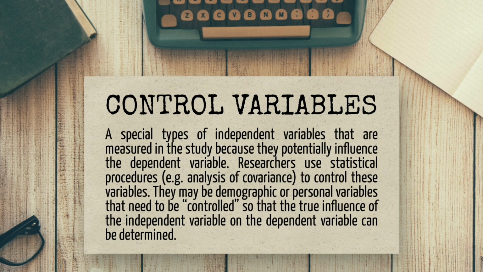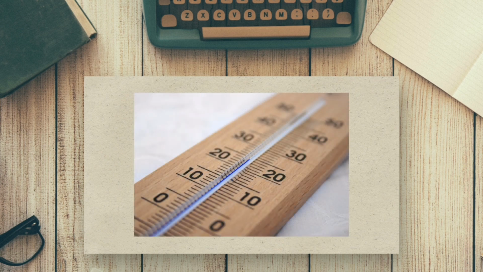They may be demographic or personal variables that need to be controlled so that the true influence of the independent variable on the dependent variable can be determined. One example of controlled variable is the temperature. If a temperature is held constant during an experiment, it is controlled.